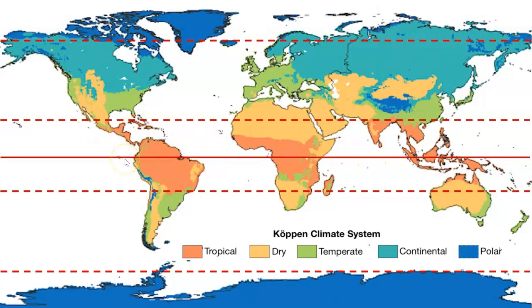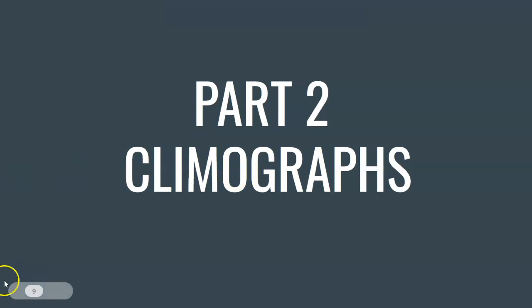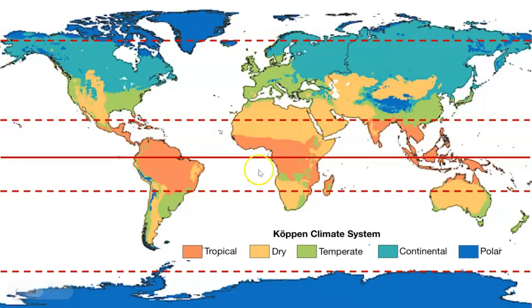Now, you don't have this slide on your notes, but if you look here, the red line represents the equator. The dashed lines are the Tropic of Cancer, Tropic of Capricorn, and then up here, we've got the Arctic Circle and the Antarctic Circle down here. So they get progressively further from the equator. So just keep that in mind as we're studying this.